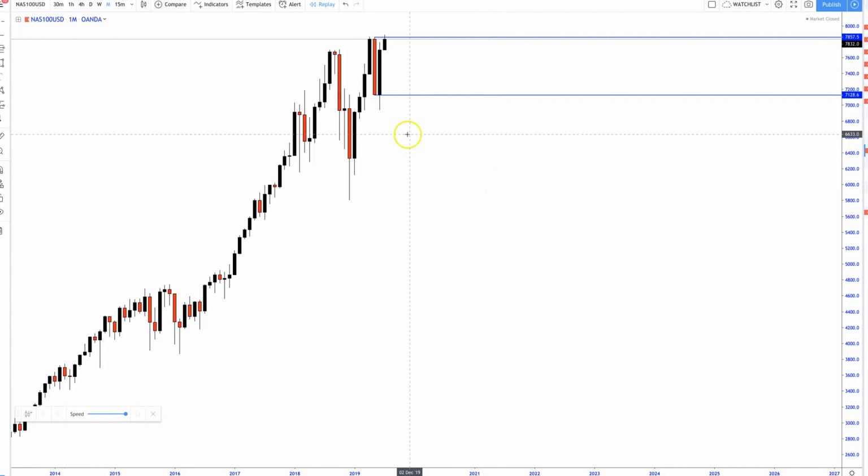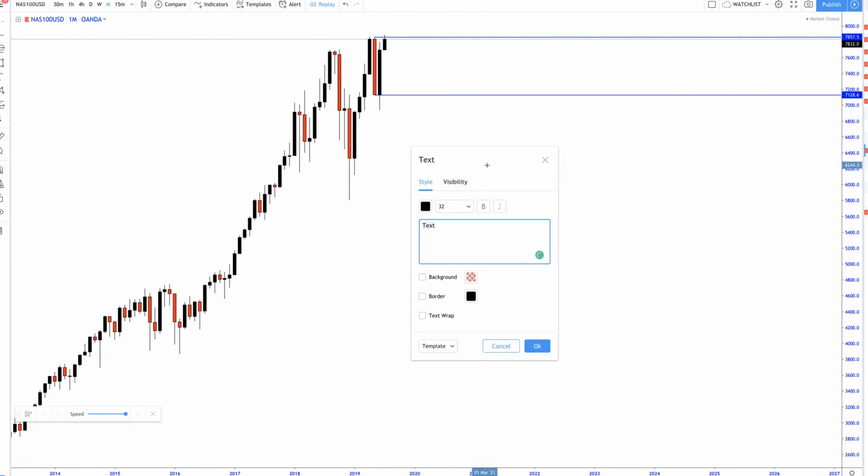What you're actually going to take, but May was quite Marubozu-ish, is the OHLC of the monthly candle.